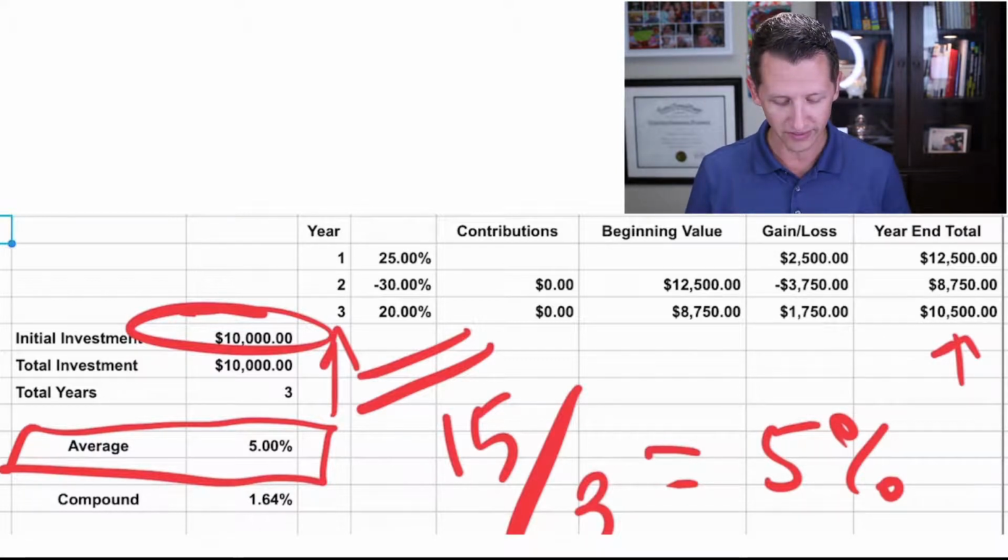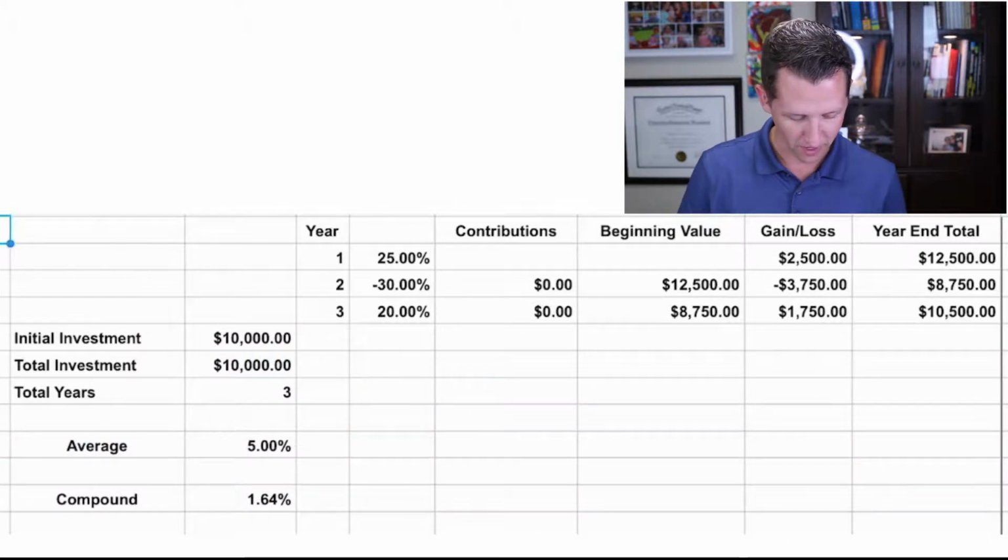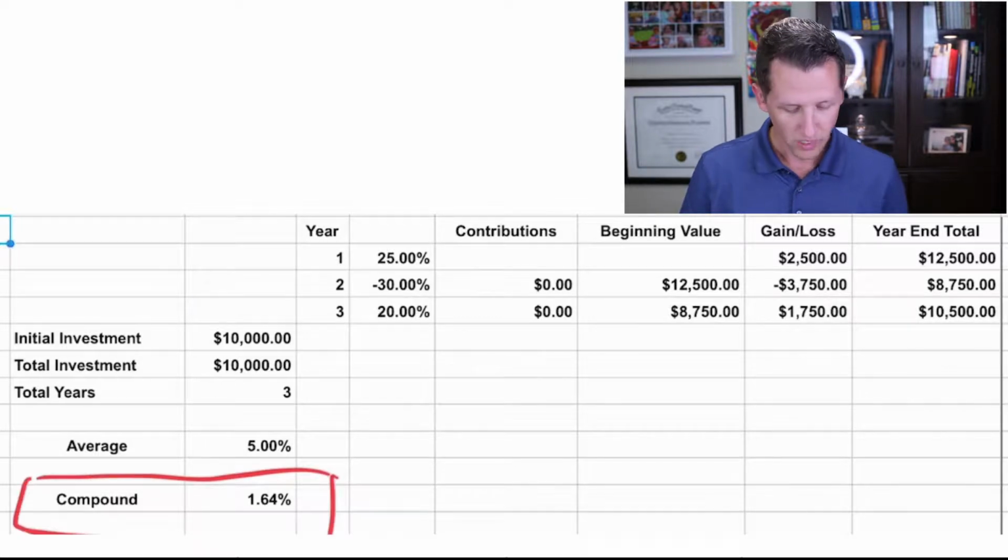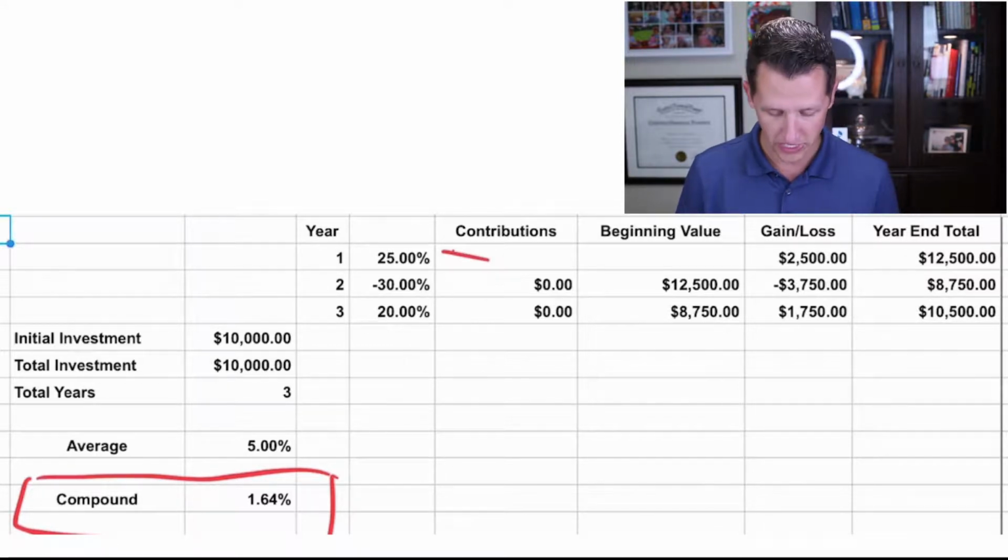The way to calculate this rate of return is you want to look at the compounding. Now I'm going to delete all this really quickly, and the compounding is right here. So the compound interest deals with what the initial investment is, what the rate of return is for the year, and then it looks at the ending balance and then does the same thing for the following year.